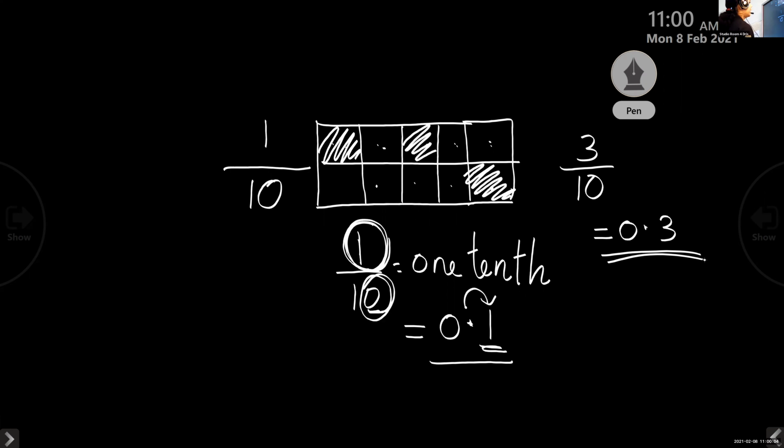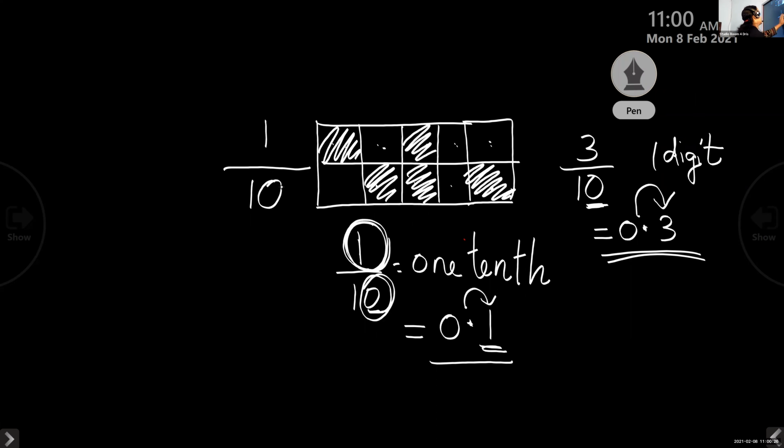So we have one 0 in the denominator, and after the decimal point we have only one digit.